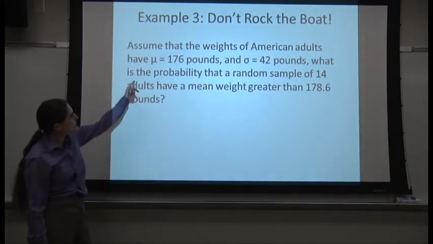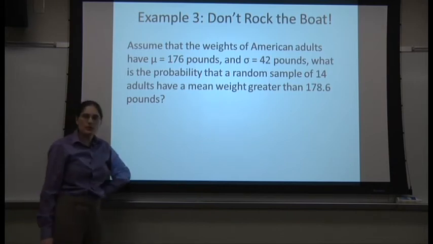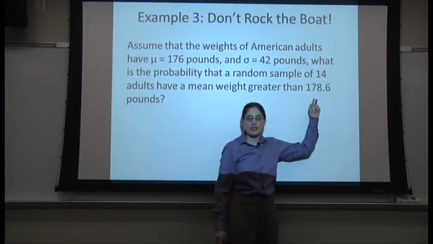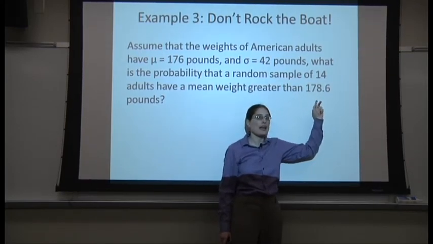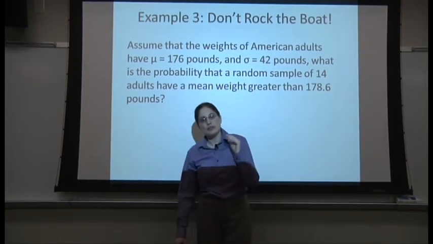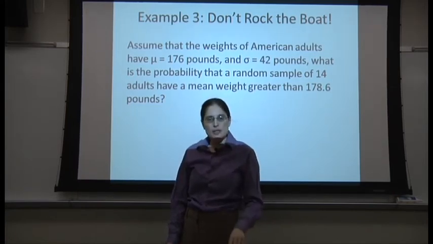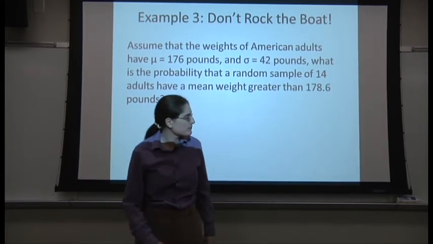So, what is the probability that a random sample of 14 adults has a mean weight greater than 178.6 pounds? Now we've managed to restate the question to sound more like something that we can use the formula for.